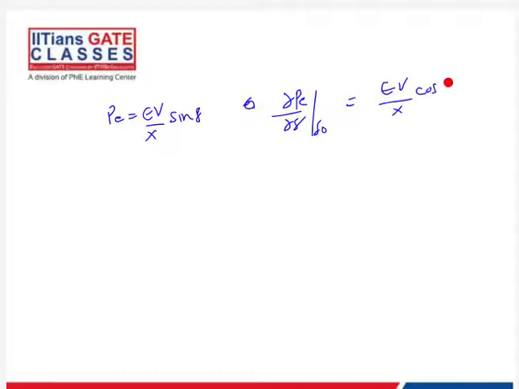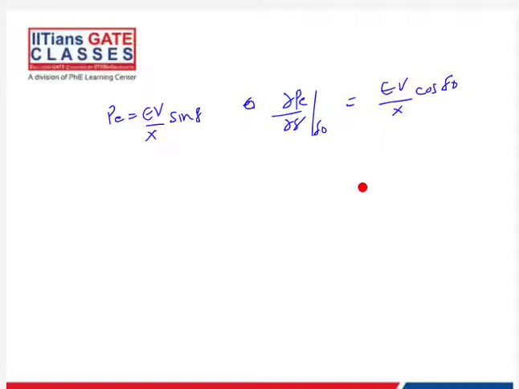We know it as EV by X sin delta. What is dou Pe by dou delta at delta 0? That would be EV by X cos delta 0, correct?